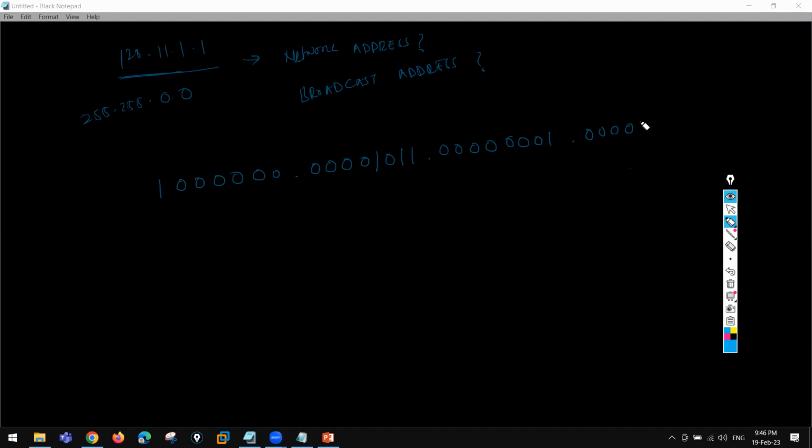This should be clear to everyone, because I did not teach you decimal to binary or binary to decimal, but it's pretty straightforward. You know the place values: 1 2 4 8 16 32 64 and 128. So how is this one calculated? When all these places are 0 and only this is 1, it becomes 128, and this is 1 plus 2 plus 8, 11. Now 255, what is 255 if all the places are 1?